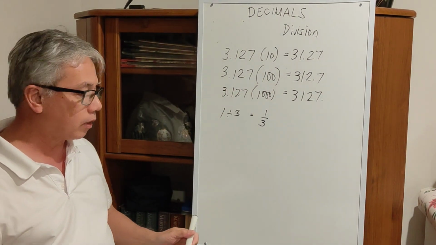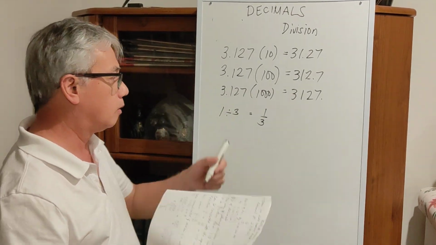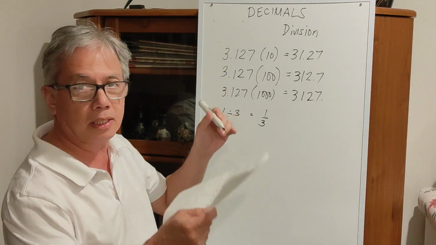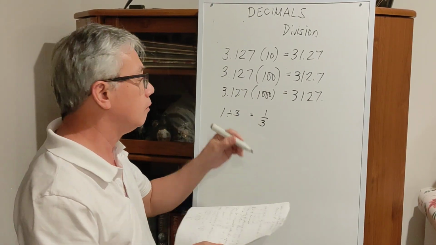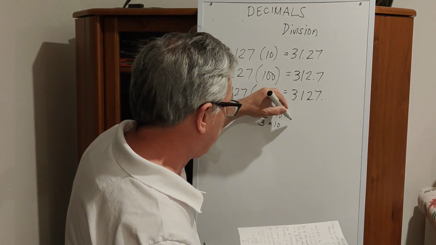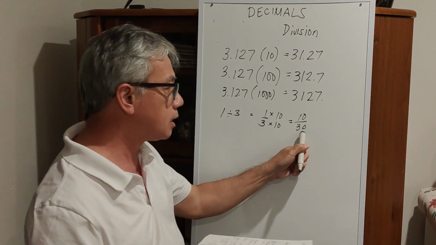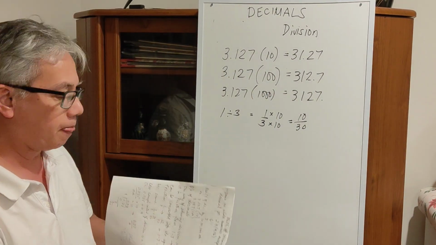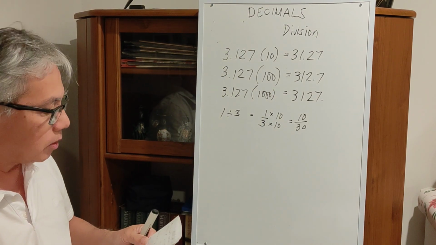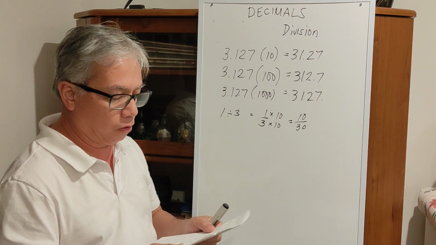If you want to multiply both by the same number, you can do so, to make it a higher number but the same value. For example, we can multiply both by 10, so this becomes 10 over 30, and it's still the same as 1/3.